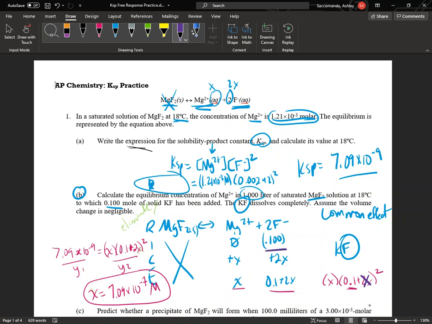That number is way bigger than anything that you would add to it. So even if I multiplied this by 2 and added it to 0.1, would it actually add in? No, it would be discarded because it's not even close to reaching sig fig rules there. Because 7.09 times 10 to the minus 7 is a really small number. So is that really going to affect anything? Not really.